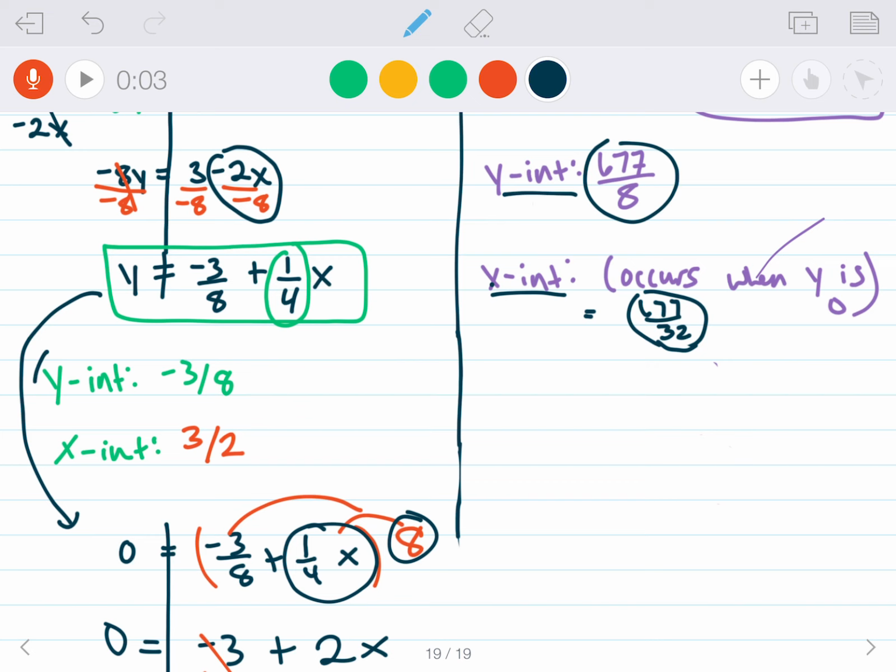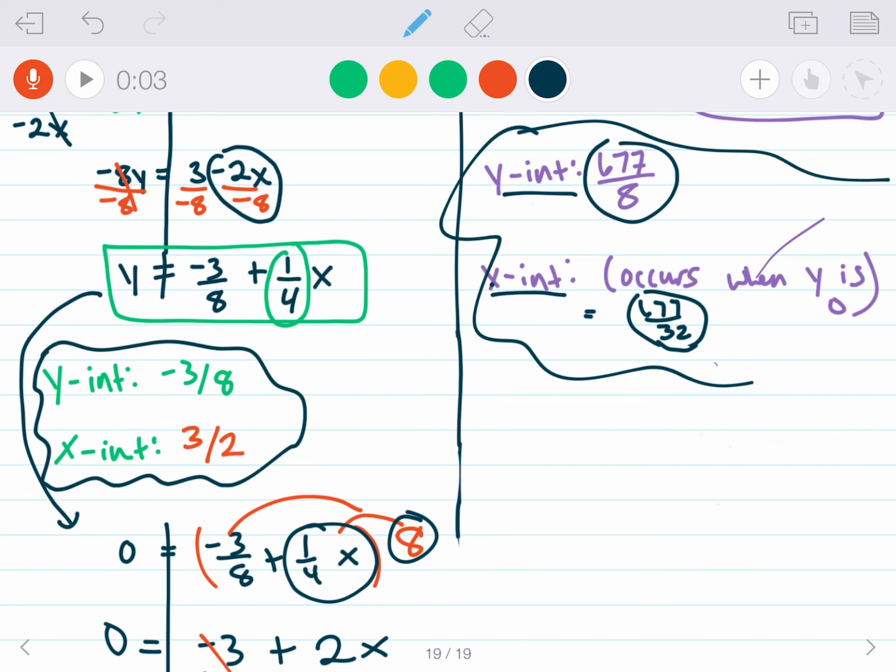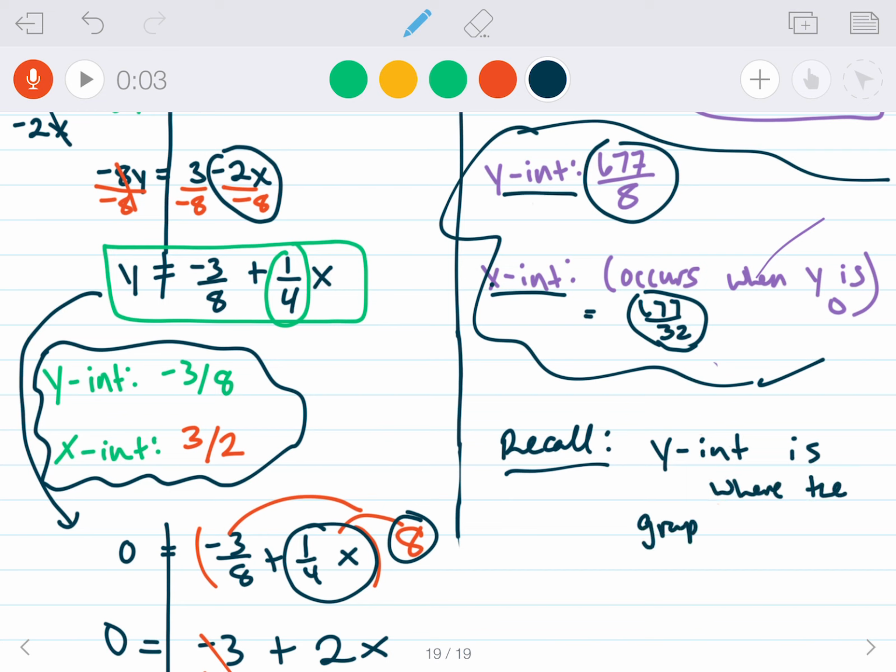So the y-intercept, again, and just this is recall, y-intercept is where the graph crosses the y-axis.